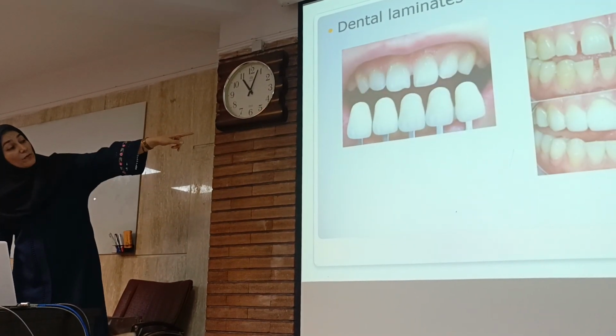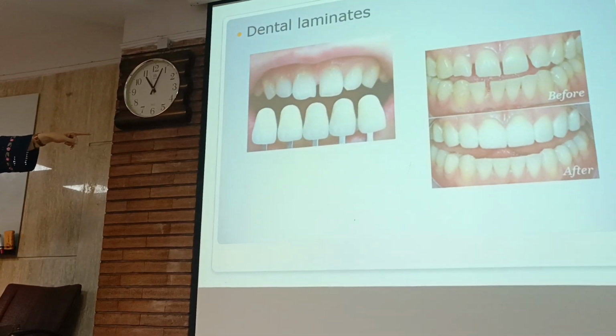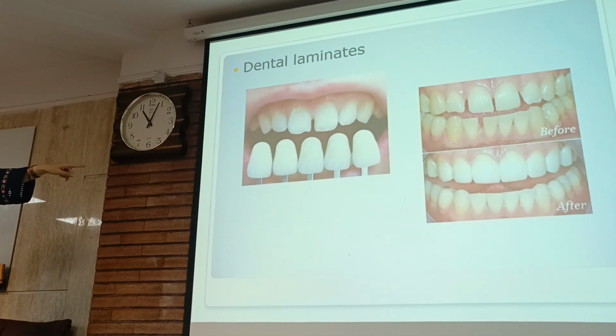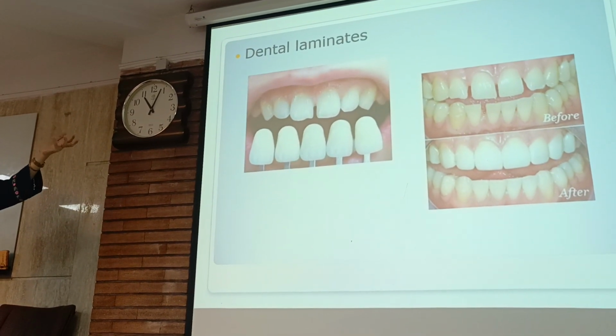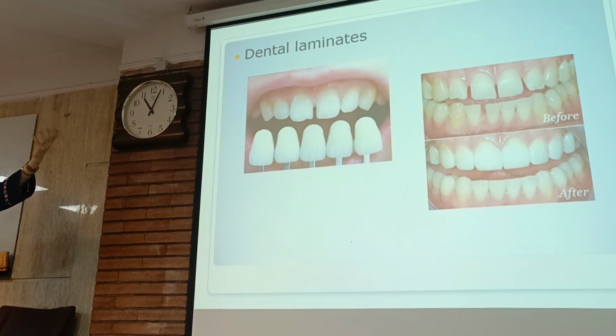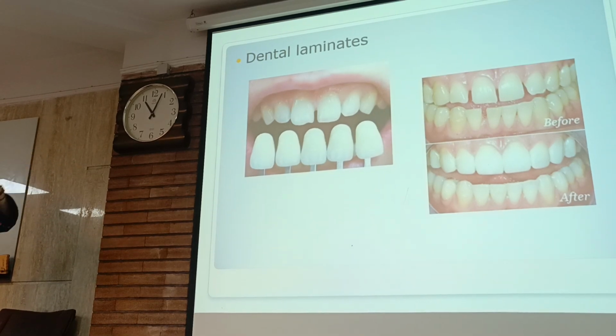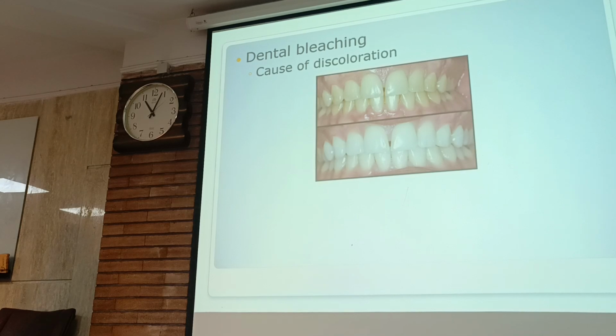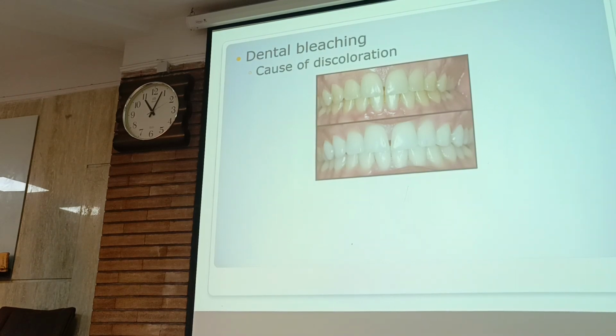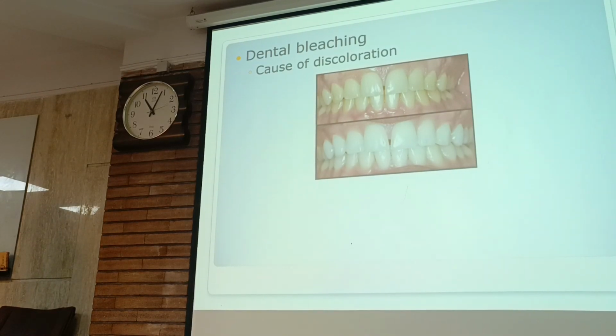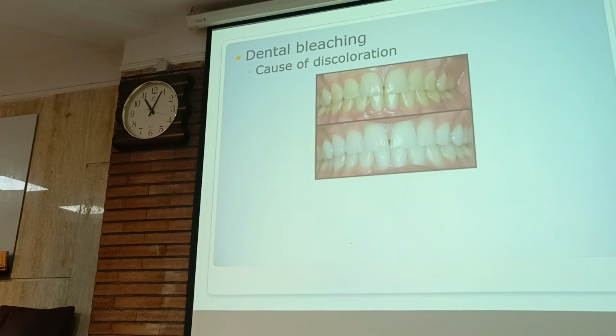These are dental laminates actually. Somehow it makes an unnatural appearance. But tooth whitening lightens the color of the tooth and can be achieved by either changing the intrinsic color or removing and controlling the formation of extrinsic stains that I said before.